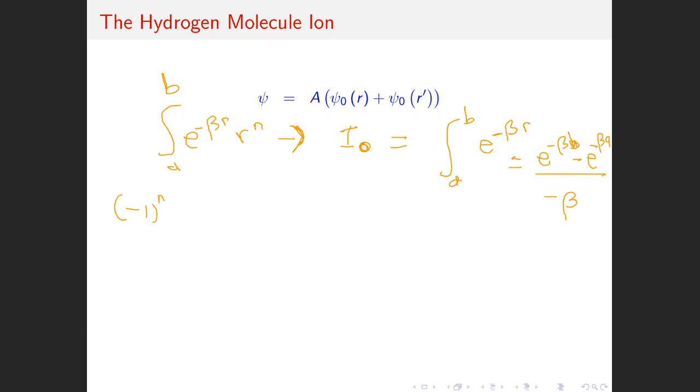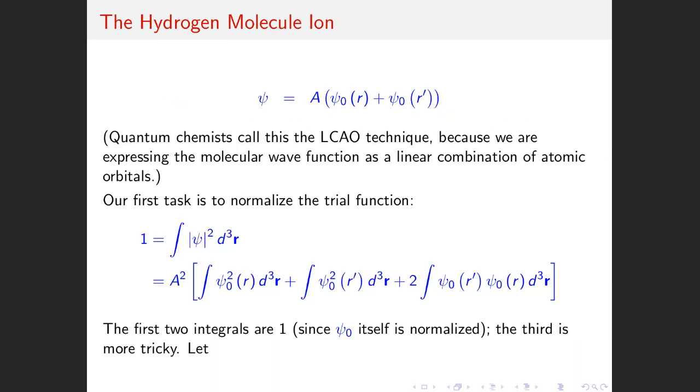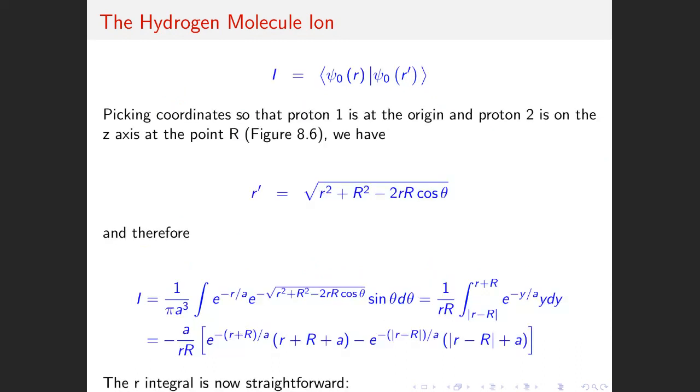To get the other integrals, all you do is differentiate I0 with respect to beta n times. I gave you I1 and also I2. You just repeat the same procedure I did last week, get those integrals, plug them into that expression, and make sure that you get this right.